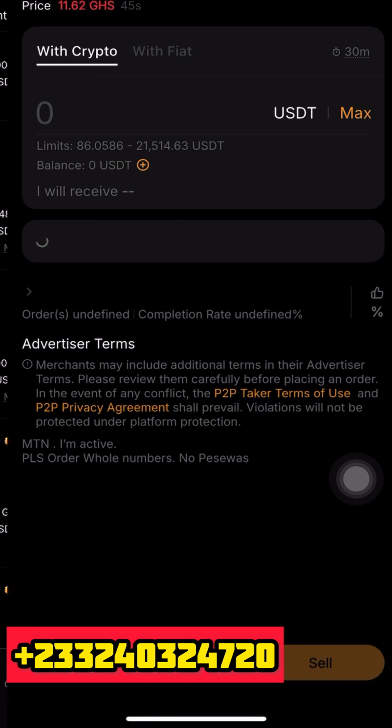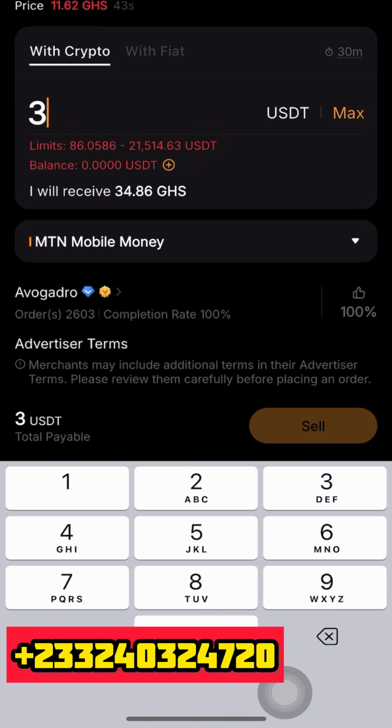Yeah. So when I come here, I'll just enter this person's sell, and it's 26.43, right? So 26.43. So it means that I'll be earning 7 Ghana cedis as profit on my 300 Ghana cedis. Some people will be saying that this one is very small.